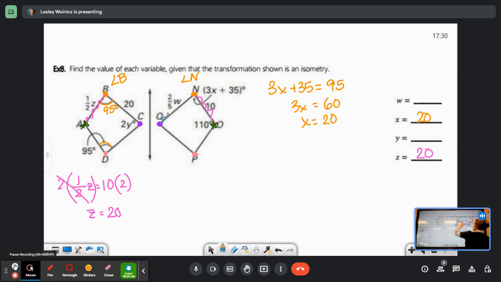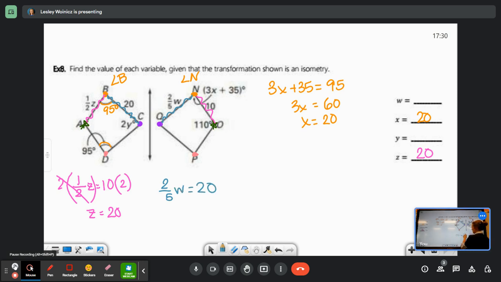Okay, I'm seeing that this guy and this guy have to be congruent because they're image and pre-image. So we know that 2/5 W has to equal 20.